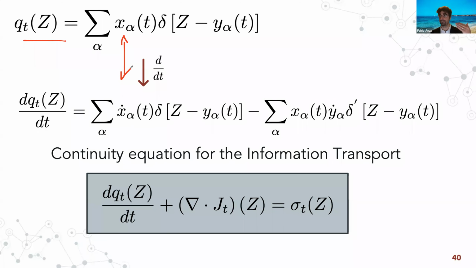One comes from the fact that the probability masses themselves depend on time. And the other one is essentially due to the fact that those points move on the sphere. So they carry probability mass with them across the state space of a quantum system.